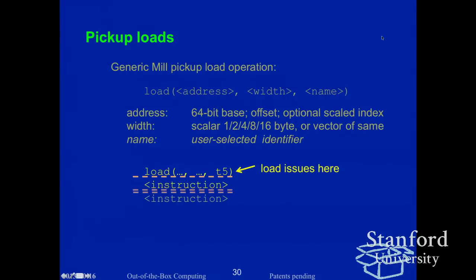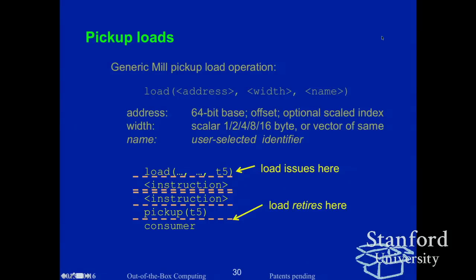There is some number of instructions, and then we execute another operation called pickup with the same name. The pickup acts as the retire for that load. The load retires there. It's available for the consumer.